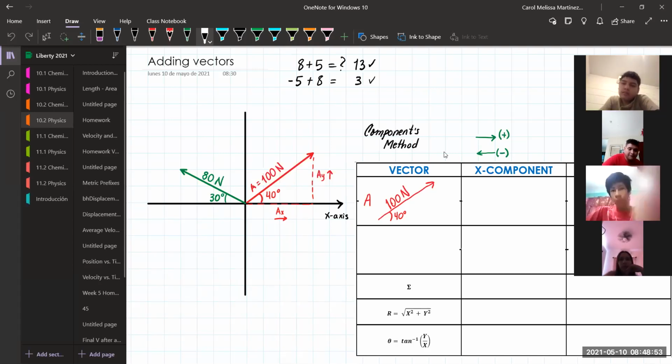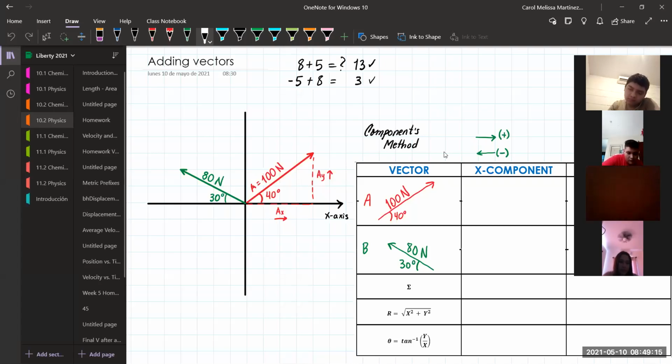My vector B is going in this direction, measures 80 Newton and has an angle of 30 degrees. All I'm doing there is putting the vectors separately, to treat them separately.